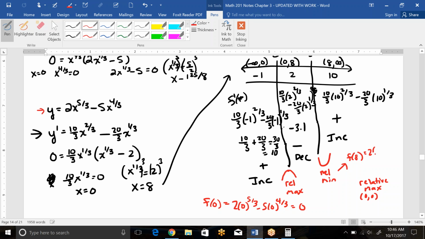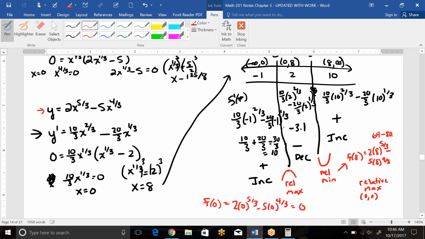And then if we plug in 8 into the function, that is 2 times 8 to the 5/3 minus 5 times 8 to the 4/3. This is cubed root of 8, which is 2, raised to the 5th power, which is 32, times 2. So this first term is 64. And then cubed root of 8 is 2, raised to the 4th power is 16. And then times 5 is going to be, I believe, negative 80.